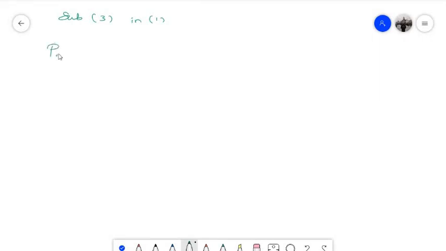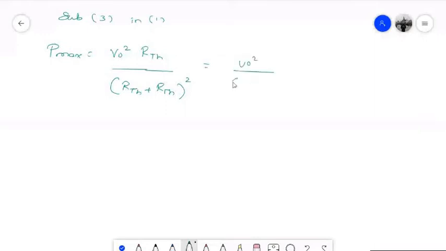We get P max is nothing but V0 square RTH divided by, so in the place of RL I am going to substitute RTH. So RTH plus RTH the whole square, that is nothing but 2 RTH the whole square, so that is V0 square by 4 into RTH.